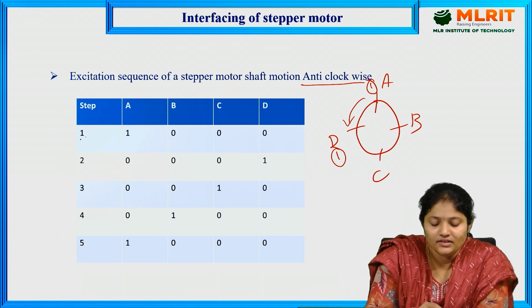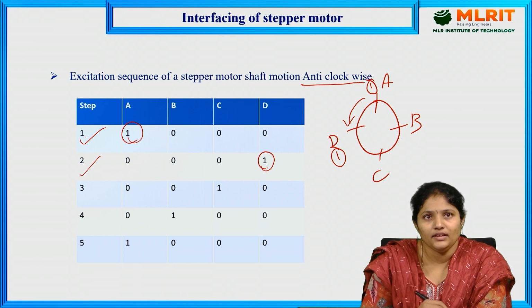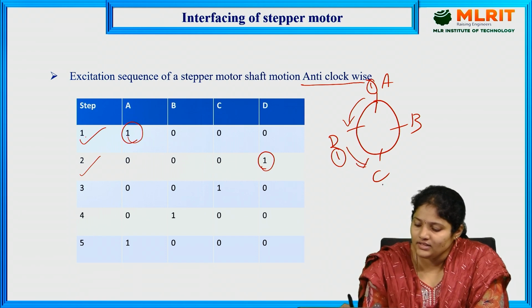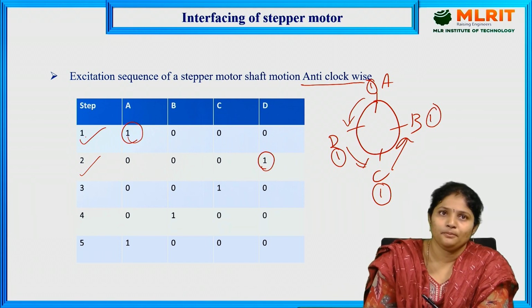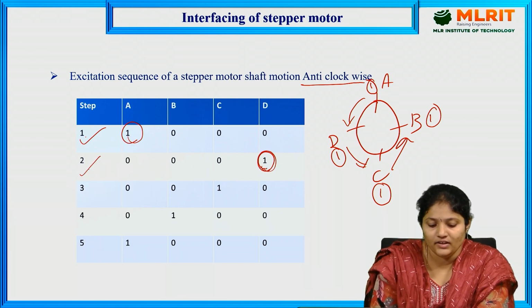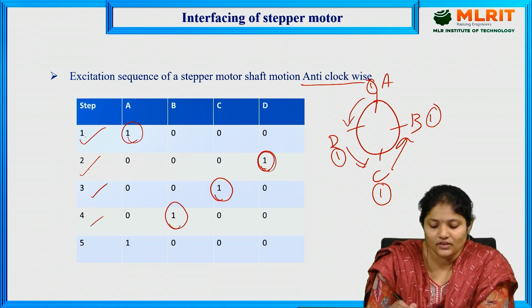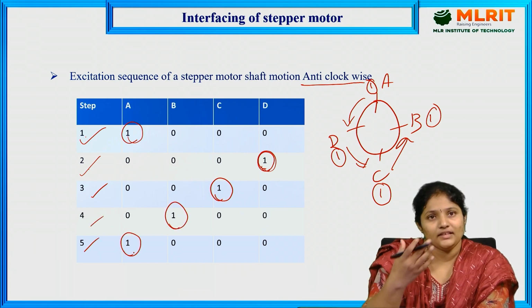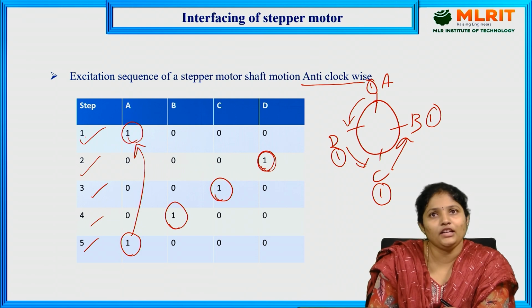See, in the first step, the excitation is at A, but in the second step, the excitation needs to move to D. In the next step, the excitation needs to move to C, and then to B. So in the first step the excitation is at phase A, in the second step at phase D, in the third step at C. Likewise, in the fourth step the excitation will be B, and in the fifth step the excitation needs to get back to where it started. So this is the 5-step excitation table of a stepper motor in the anti-clockwise direction.